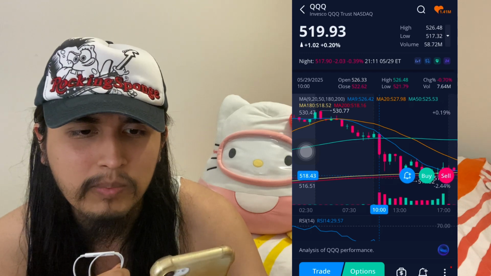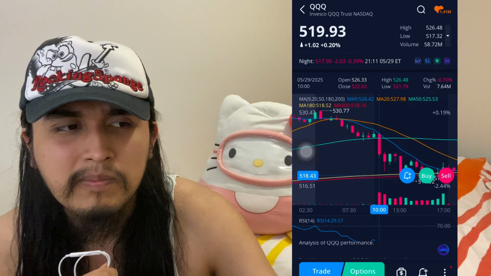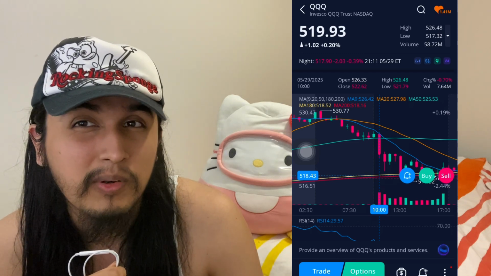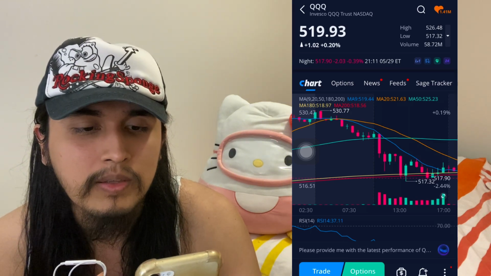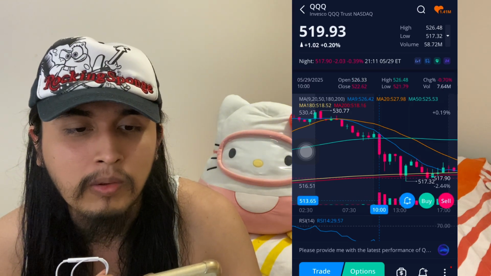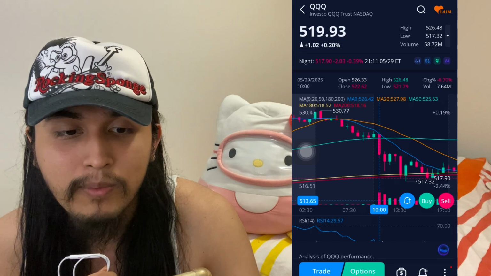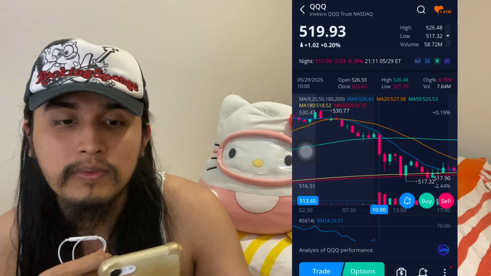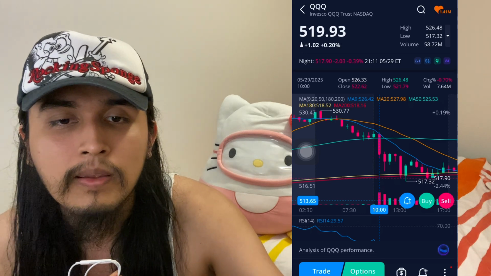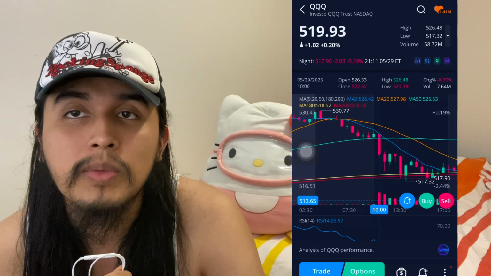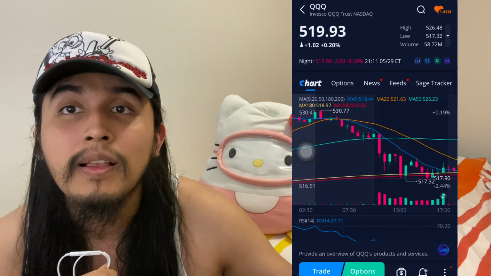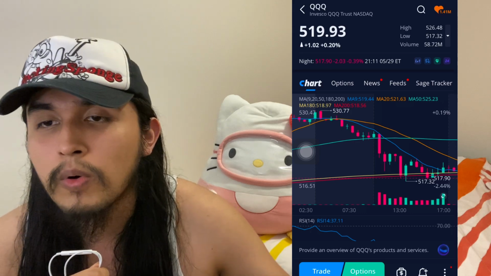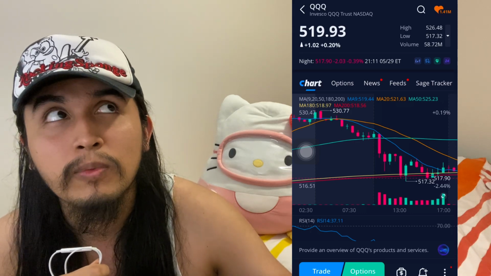I'm pretty sure this would have been more like a 20-30% gainer if you had held all the way to the low of the candle, because the high was 526 and the low was 521. If you held that position, you could have made maybe a 40% gainer, but that's only if you were to play weekly or next weekly options.